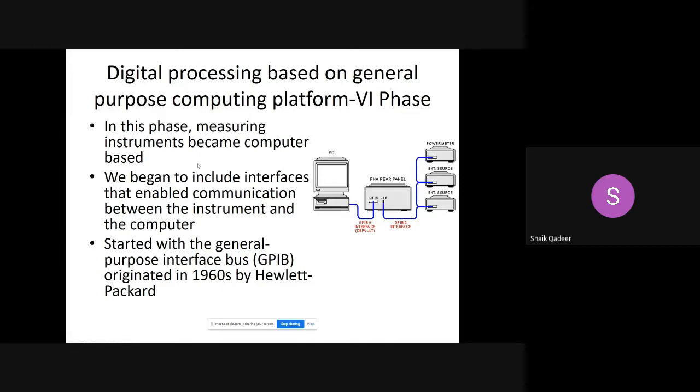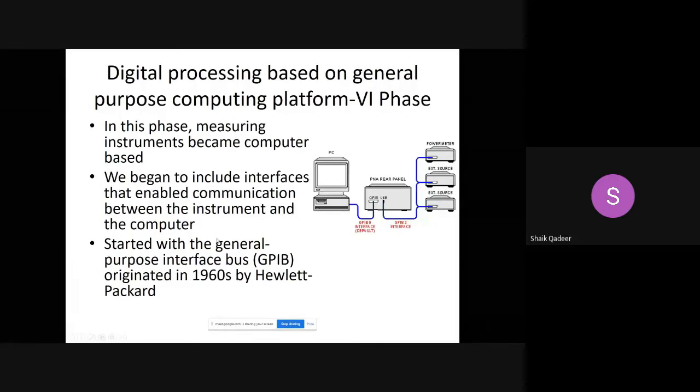The one responsible for this is the economical availability of microprocessors.